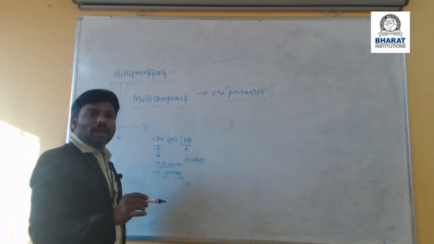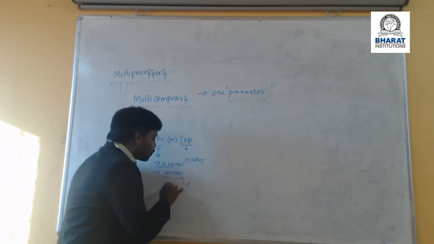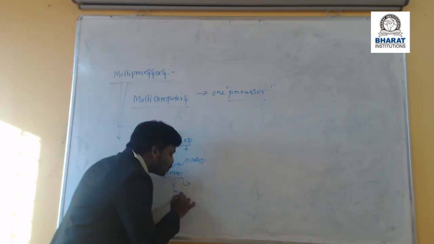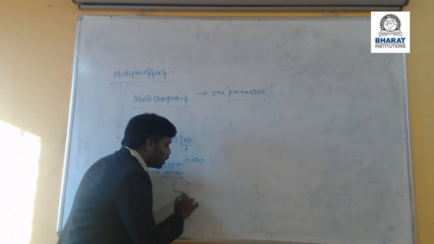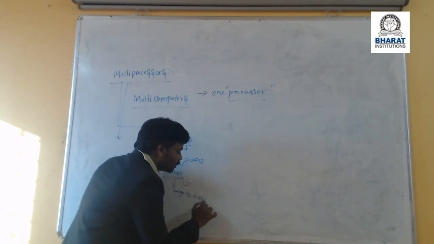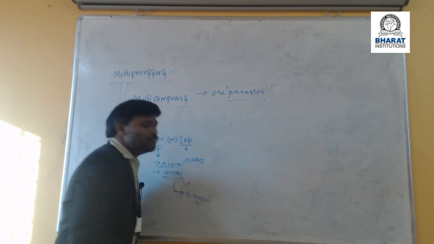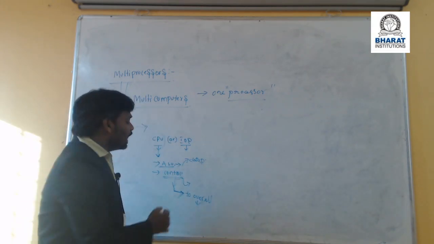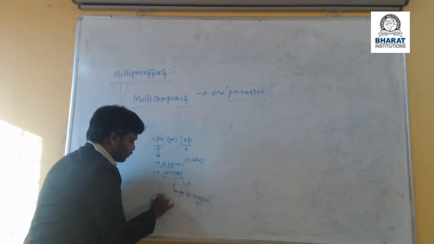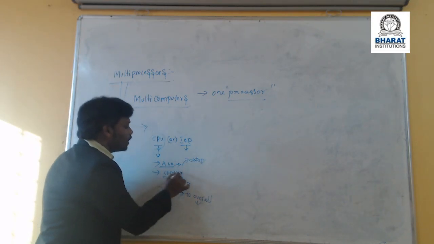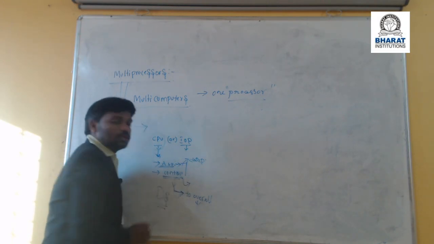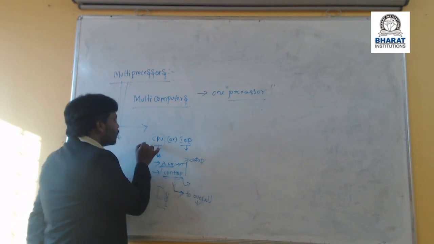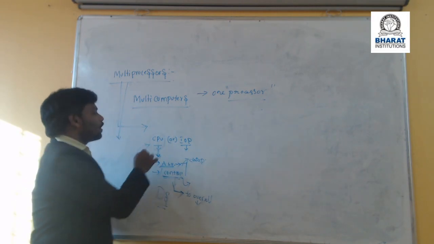Its primary function is to fetch the instruction from the memory and issue control signals to the overall system, that means all major components of our entire digital system. So the CPU has an ALU and a control unit, and the central processing unit is the heart of the computer.